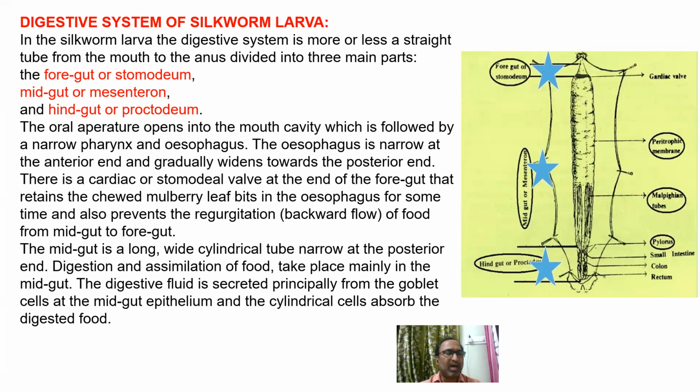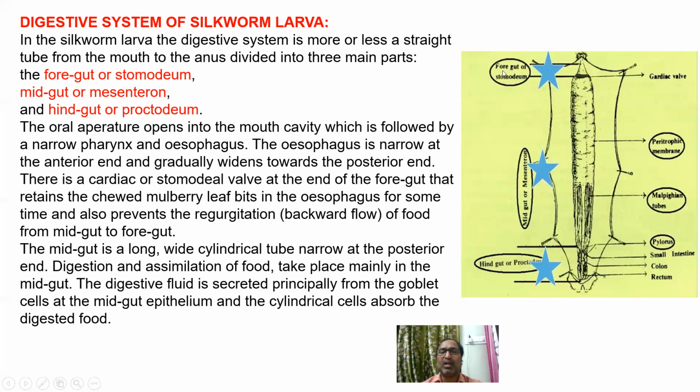In the silkworm larva, the digestive system is looking straight, as you could find in the picture at the right corner. It looks like a straight tube-like structure from mouth to anus, and it is mainly categorized into three parts.